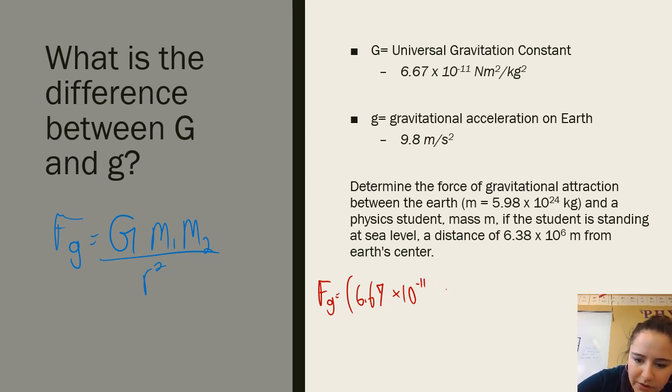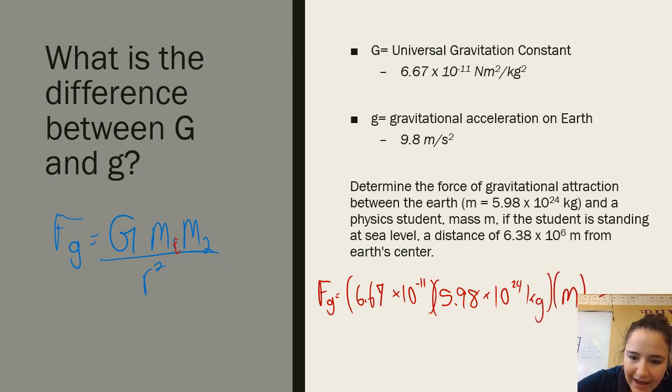We're not going to worry about the units right now. Times m1, I'm going to call m1 Earth. So that'll be the 5.98 times 10 to the 24th kilograms. And then we're going to leave the second mass just as m. All over that distance, 6.38 times 10 to the 6th meters squared.